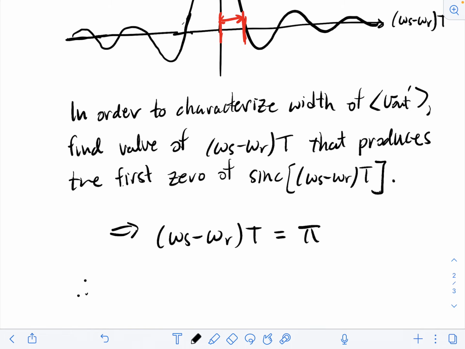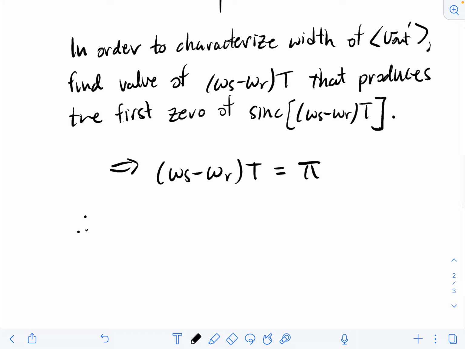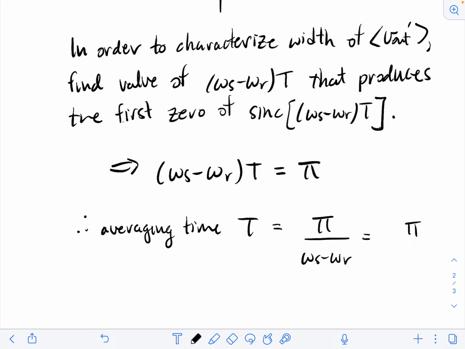Therefore, if we isolate for T, the averaging time, we get T is equal to pi over omega s minus omega r, which is pi over 2 pi times f s minus f r.